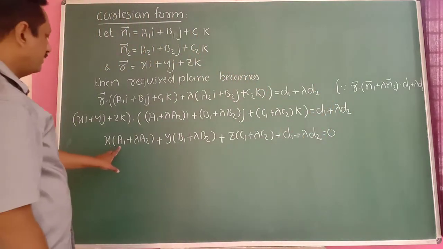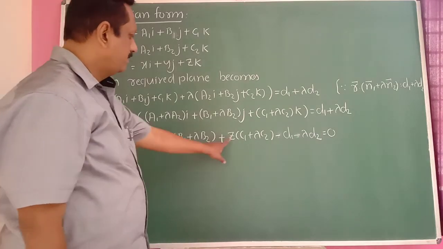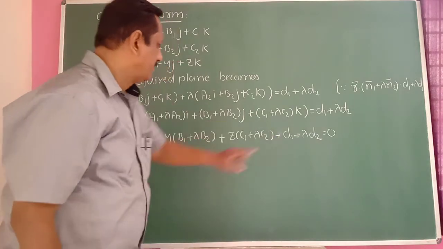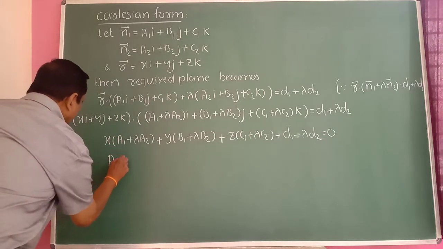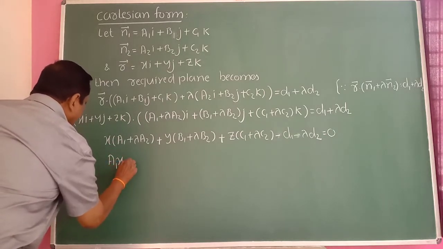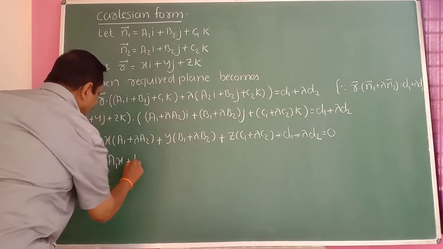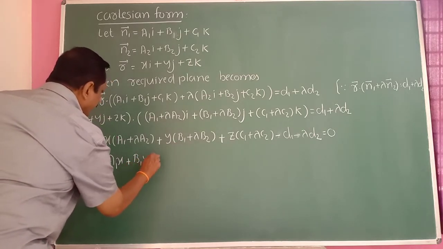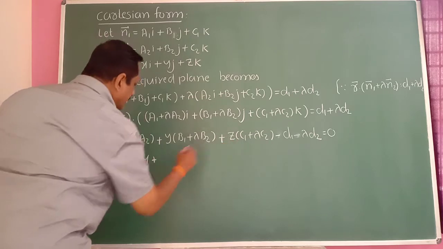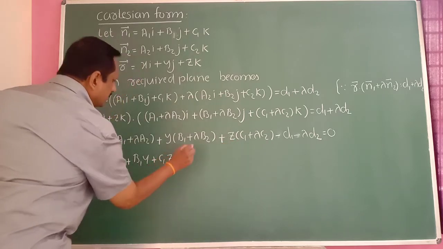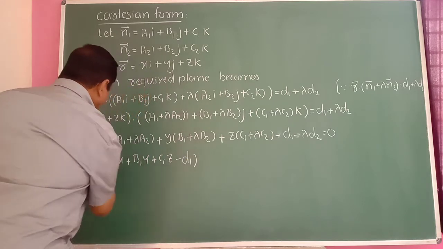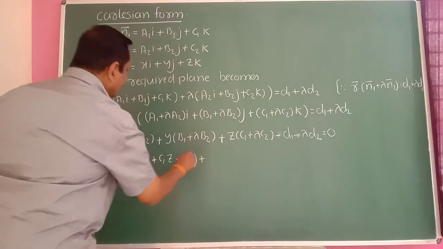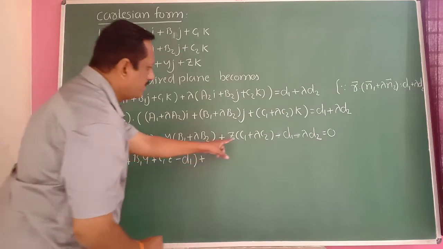Then write A1x plus B1y plus C1z minus D1 in one bracket, then plus lambda.